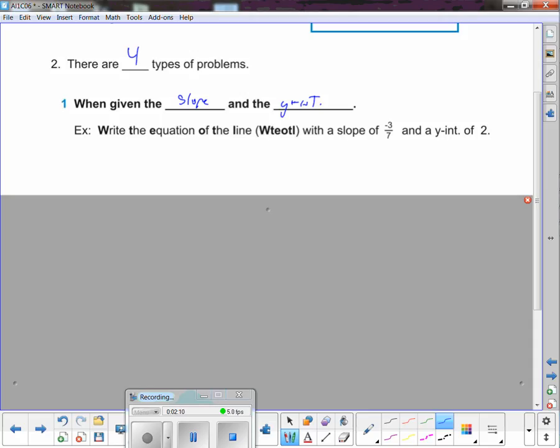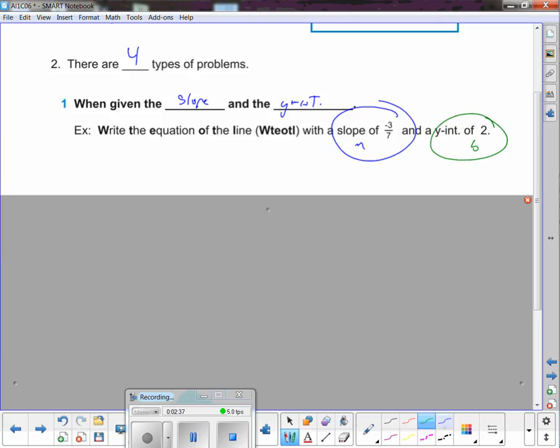What two things do we need to write the equation of a line? Slope and the y-intercept. What are they giving us? Well, as long as we know y equals mx plus b, this is pretty easy. Look, they said, hey, the slope is negative 3/7, and the y-intercept is 2.